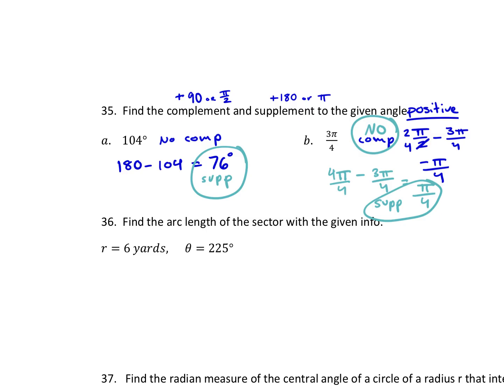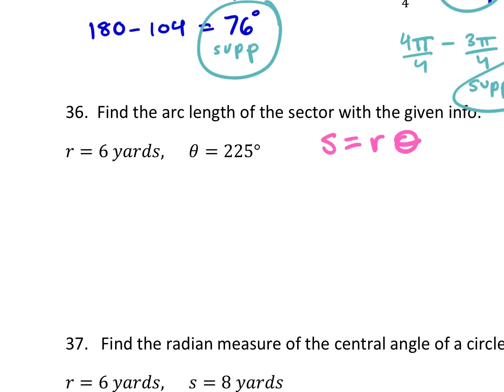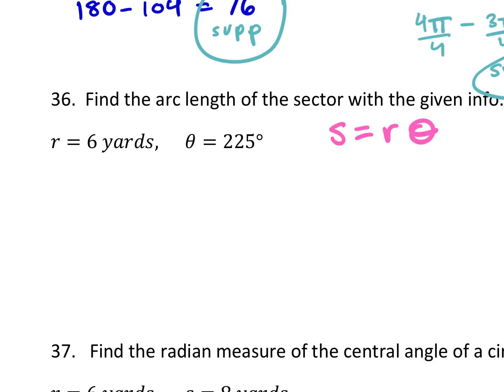36, arc length. Our arc length formula is S is equal to R times theta. When you're using the formula, your theta has to be in radians. So we want to convert it before we plug it into the formula. So we're going to multiply by pi over 180. We just said that this is going to be 5 pi over 4 because 45 goes into 225 5 times.